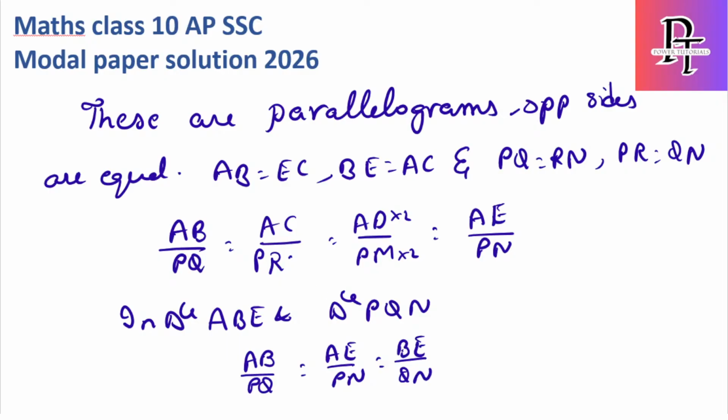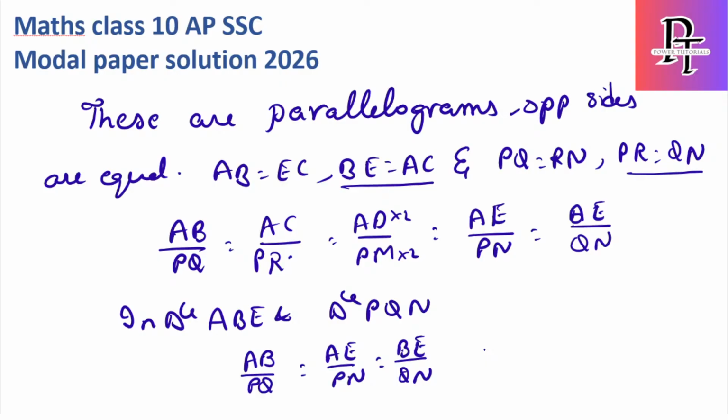How? Why? Because AC is equal to BE and QN is equal to PR.